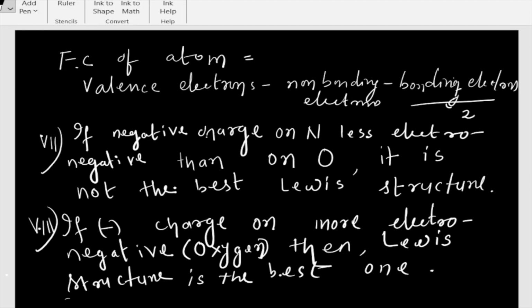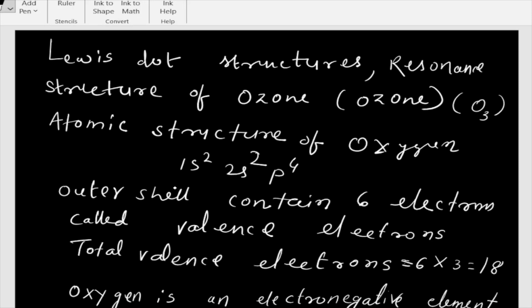But if the negative charge is on a more electronegative atom, for example oxygen, then the Lewis structure is the best one. Now let us see the Lewis structure of ozone, by which you can see resonance structure and also formal charge.